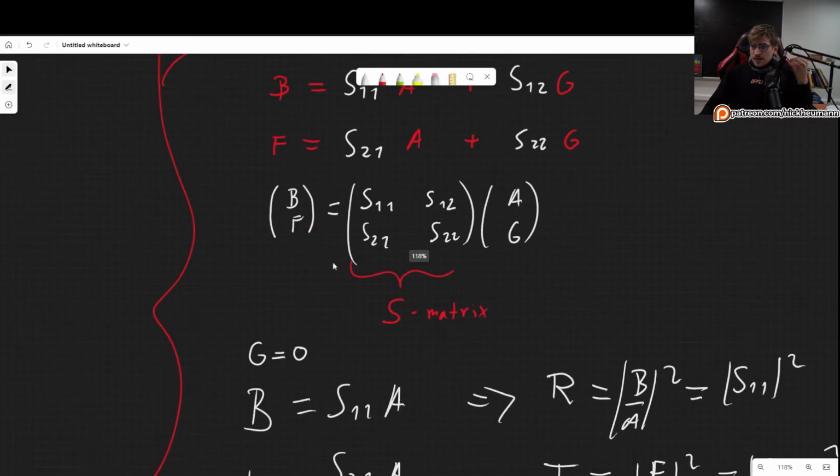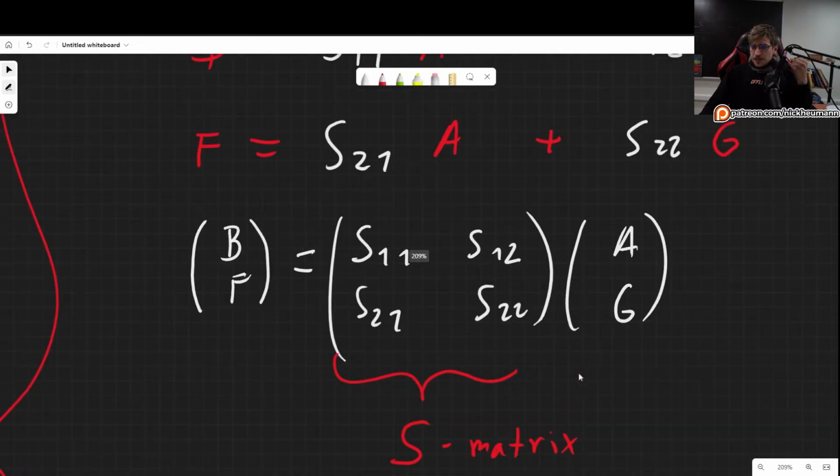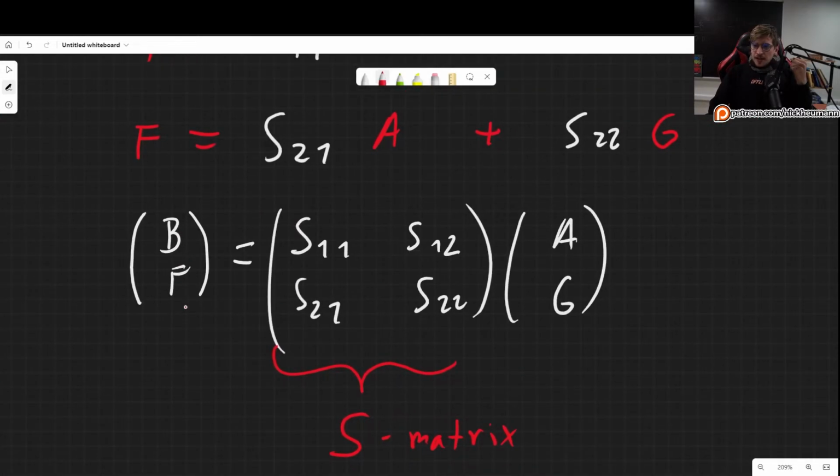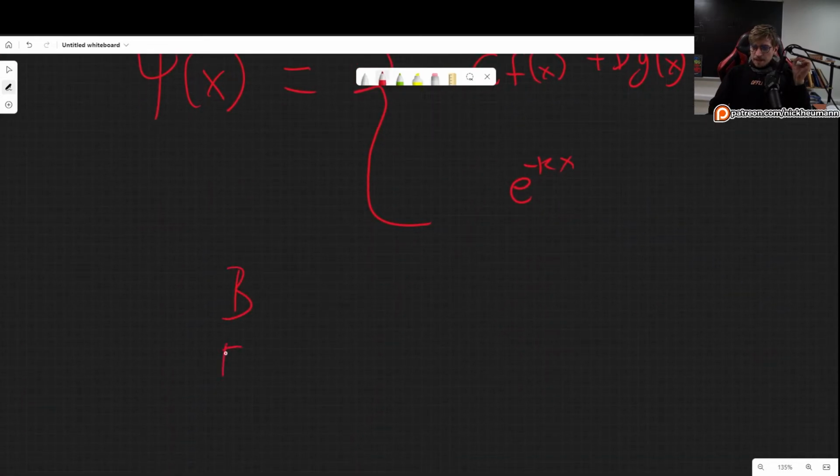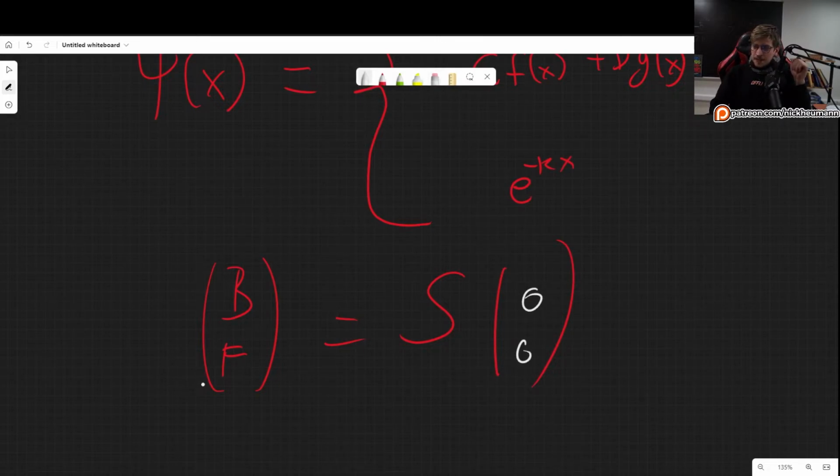So let's now use that. Let's take a look at the scattering matrix. We know that (B, F) is equal to the scattering matrix times (A, G), but we just said that A and G are both 0 in this case. But if A and G are both 0 and B and F are very much not 0, then the scattering matrix will have to be infinite so that we don't get some sort of contradiction.